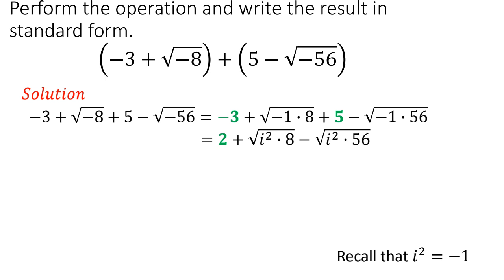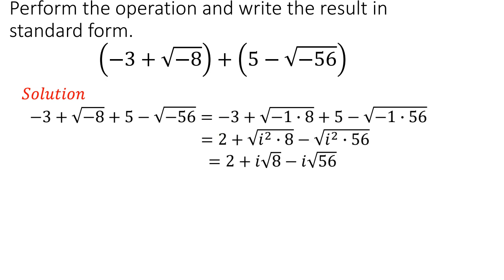But if I'm using the second definition and I'm evaluating this, I simplify with the i squared under the square root. The square cancels out, or it becomes 1, that goes outside the radical, and that just leaves me with the square root of 8. Same thing with the other one. I have the -56.